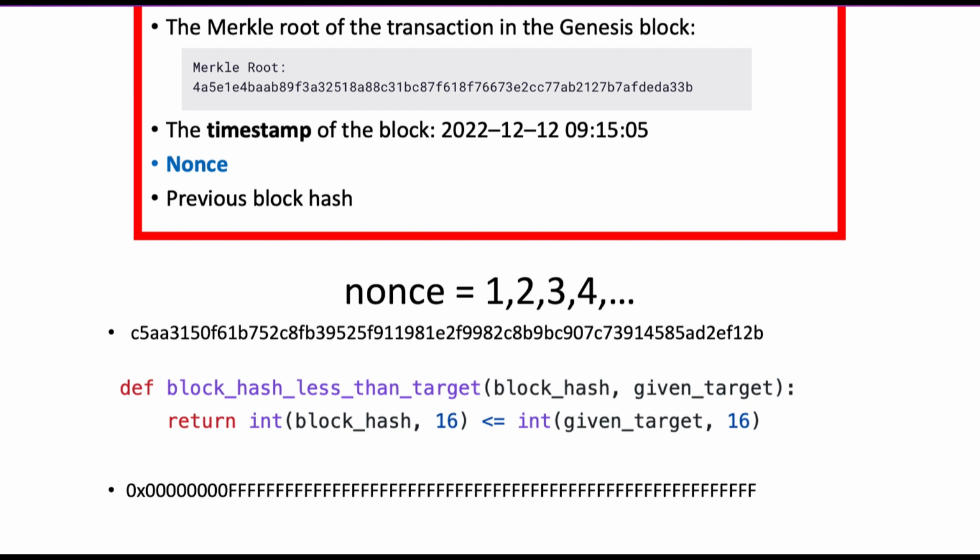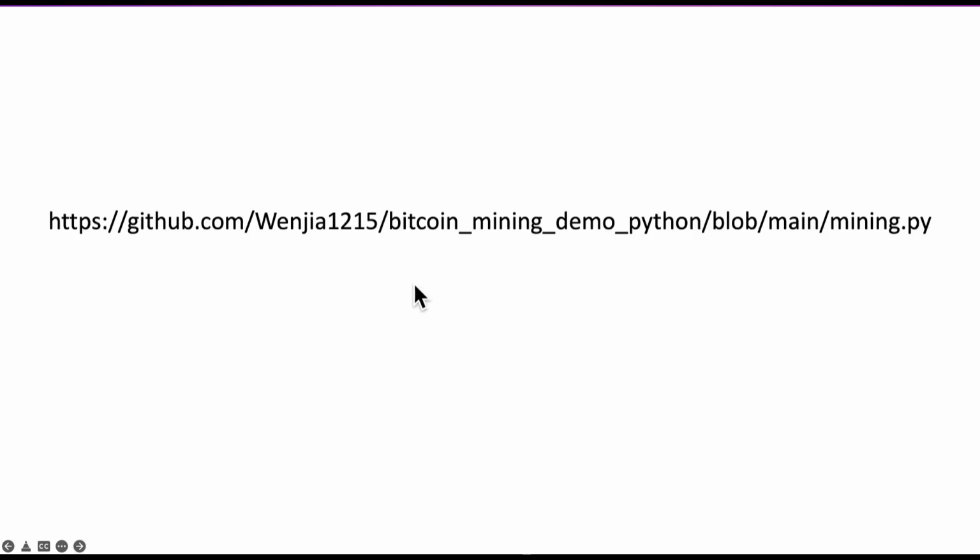The real mining process is to try a nonce from 1, then 2, 3, 4, 5, until we get a nonce that makes the block hash meet the requirement, which is that the block hash is smaller than or equal to the target value. This process of getting a new block by finding a nonce is called mining.